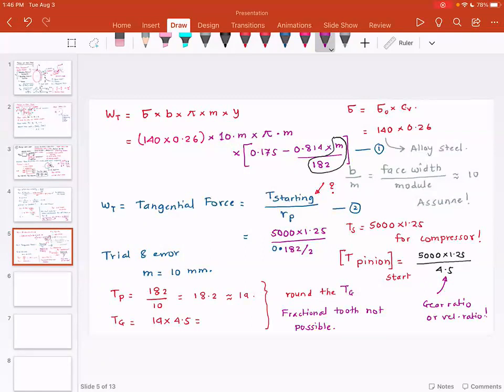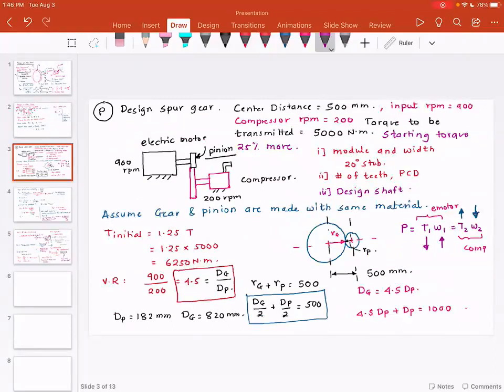But let me take the shaft design problem for this gear train. Whenever we are trying to design the shaft, first and foremost thing is, what is the configuration of the gear train? So I want you for a minute to focus on this configuration.